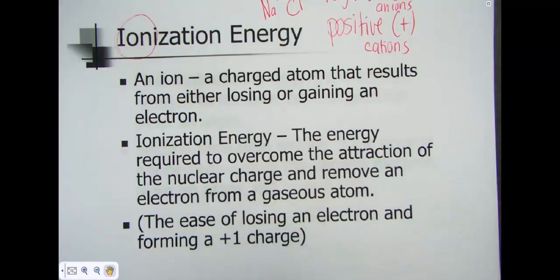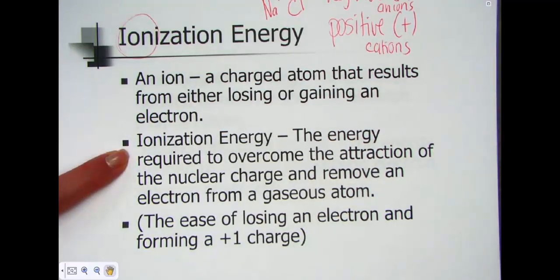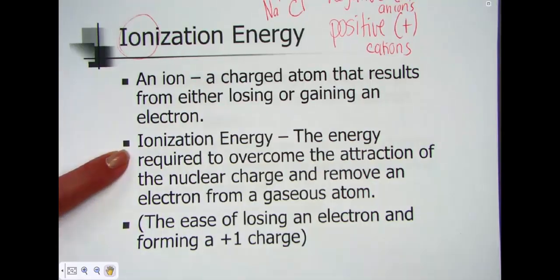Removing an electron: if it's easy, if that atom wants to give an electron away, very low ionization energy. If an atom does not want to lose an electron, more likely to gain, it would have a very high ionization energy. Ionization energy measures the amount of energy required to rip off an electron from its configuration.